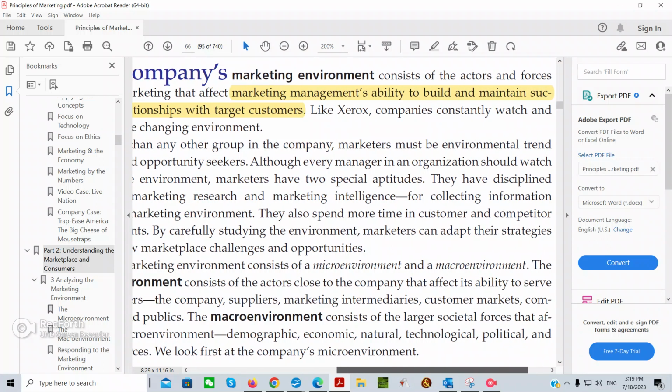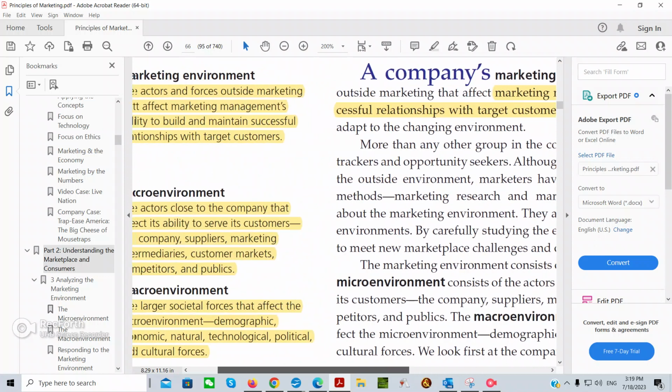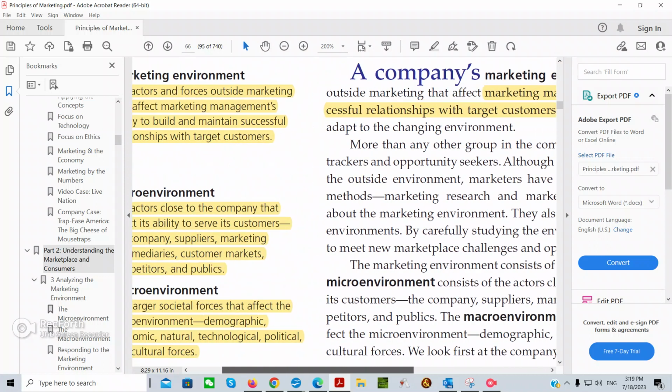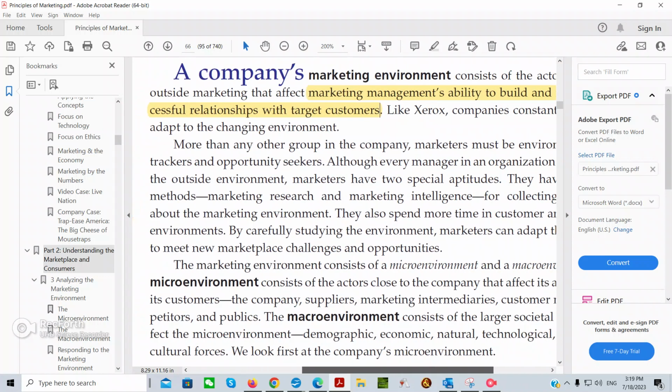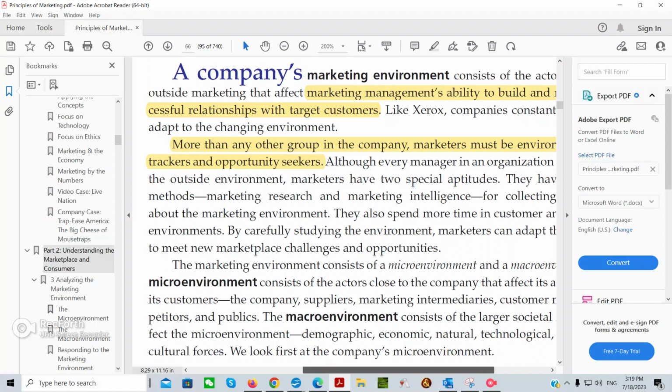More than any other group in the company, marketers must be environmental trend trackers and opportunity seekers. Let's talk about that for a moment. Why should they be trend trackers and opportunity seekers? Because you need to know what trend you're dealing with now, and you need to know what opportunities can be used as a result of that trend.